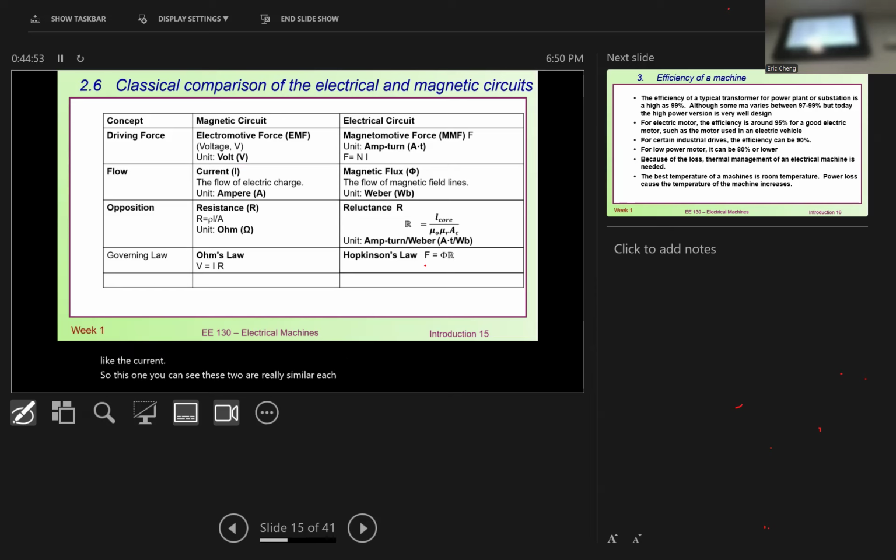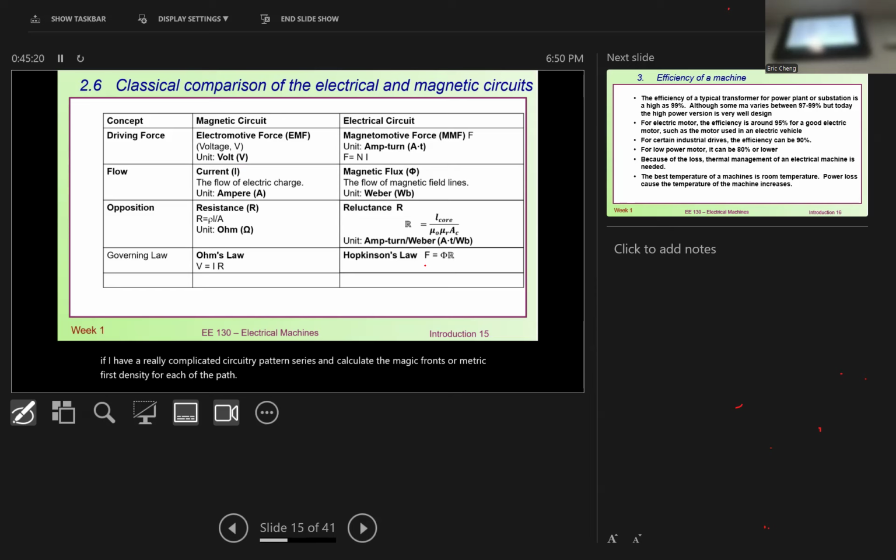In many cases, when we analyze a magnetic circuit, we can use the so-called Ohm's law and circuit operations, parallel and series, to calculate voltage and current. In this case, we calculate the reluctance and the flux. So if I have a really complicated magnetic circuit with parallel and series paths, we can calculate the magnetic flux or flux density for each of the paths.